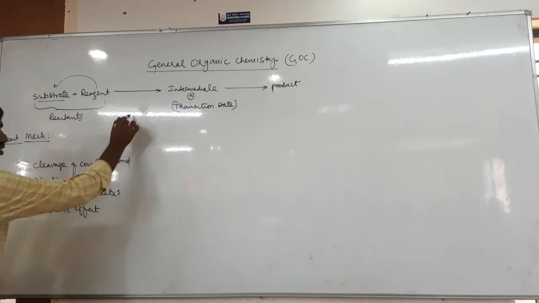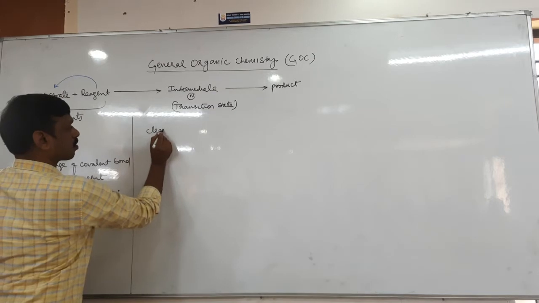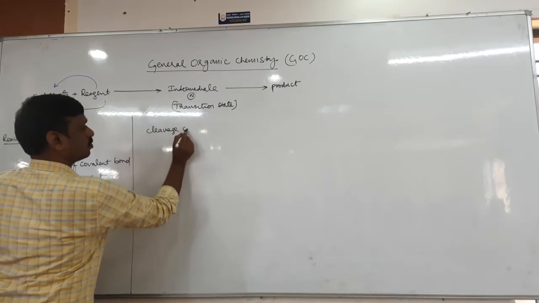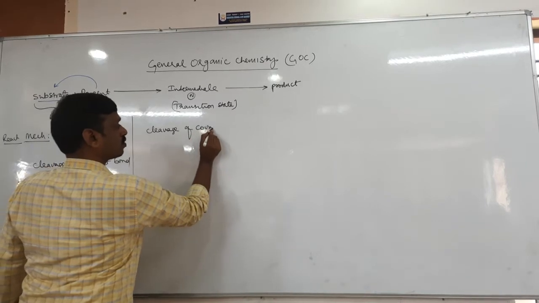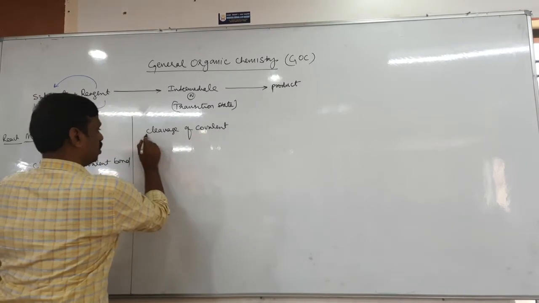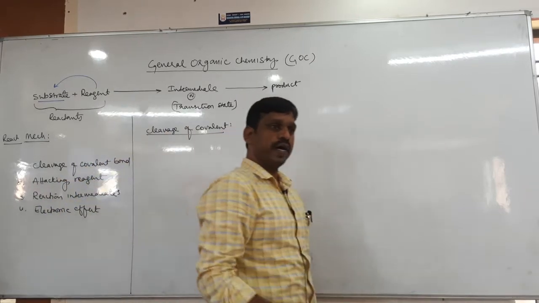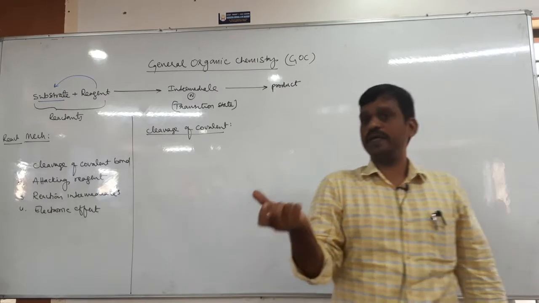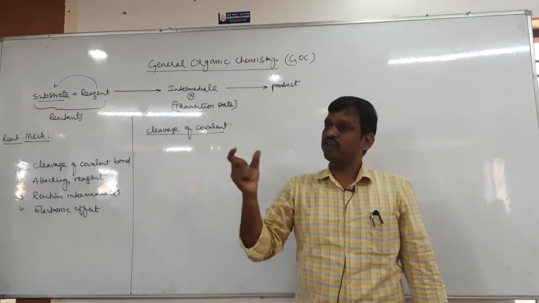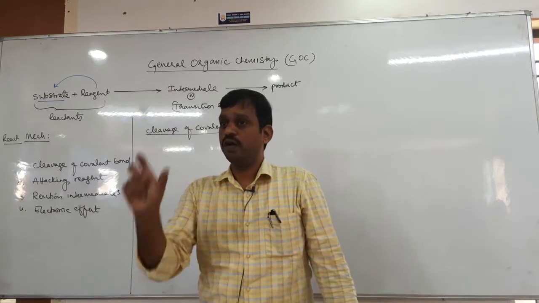Let's see the first one, cleavage of covalent bond. We know that a covalent bond is a bond formed by mutual contribution and sharing of a pair of electrons between two atoms.